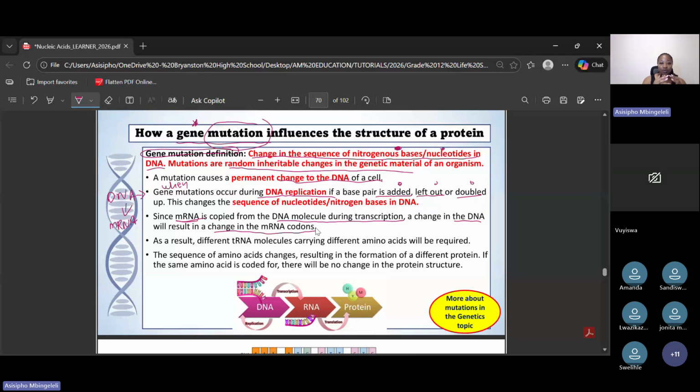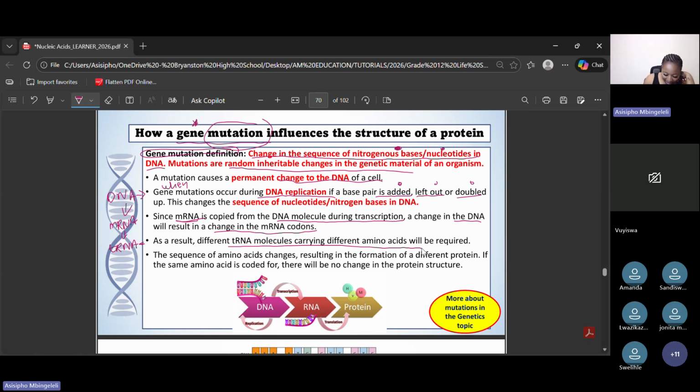And remember, we get the anticodons of the transfer RNA from looking at the codons of the messenger RNA. So if there's a change in the messenger RNA, there will also be a change in the transfer RNA. So different transfer RNA molecules carrying different amino acids will be required.